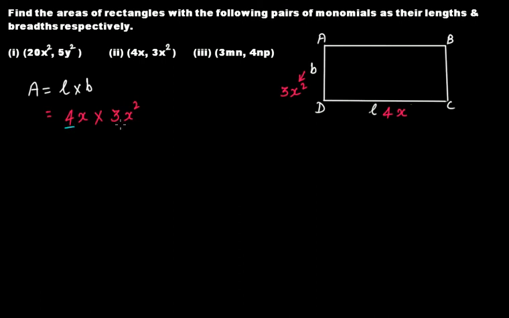Now, this 4 and this 3, and then this x and this x squared. So this is x multiplied by x squared. The same variables, okay? Now if you solve it, you'll get 12 multiplied by x squared means x cubed.